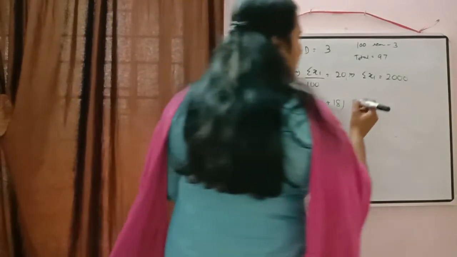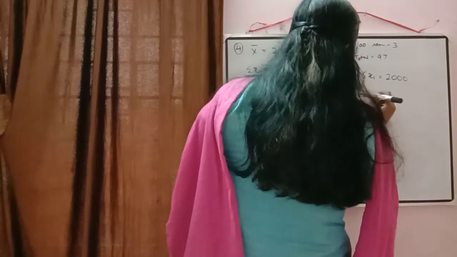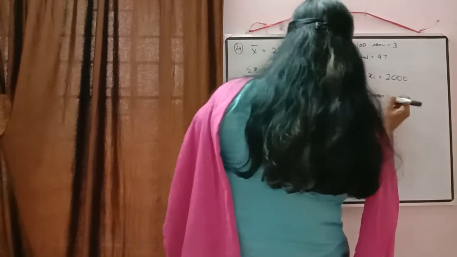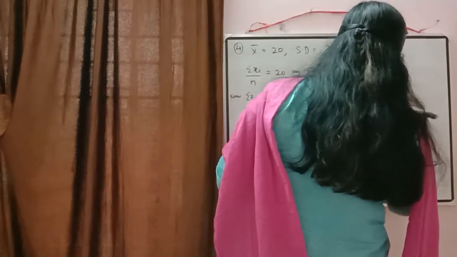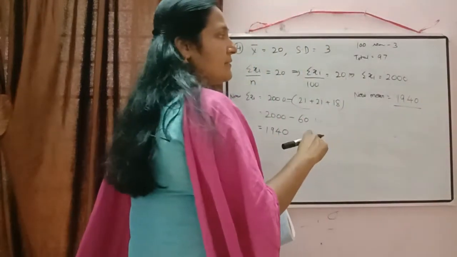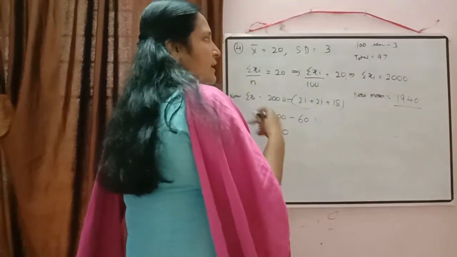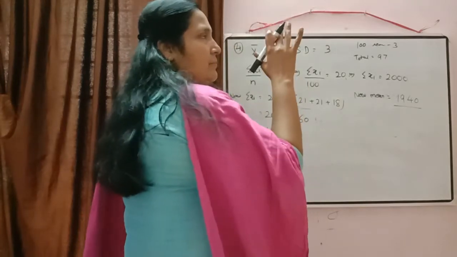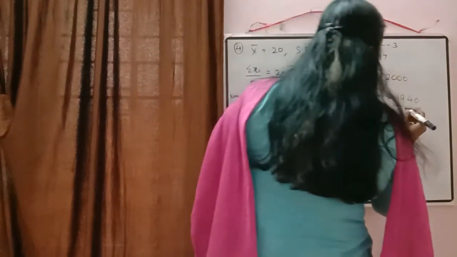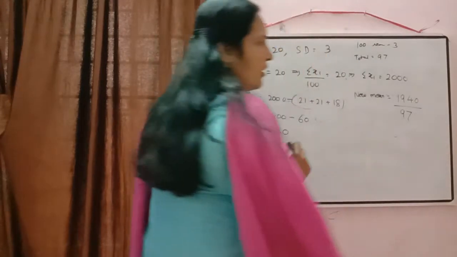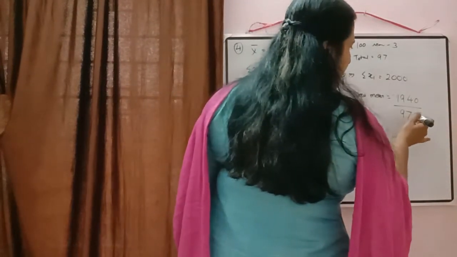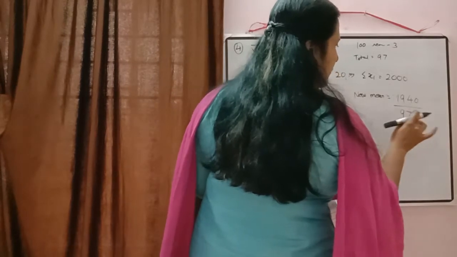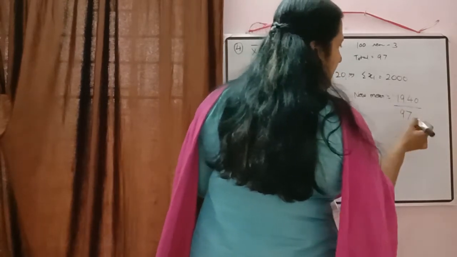Now we can calculate the new mean. New mean is equal to our new total, 1940, divided by the number of observations. We removed 3 observations out of 100, so 97 observations remain. Let us check whether we can cancel it. 2 sevens are 14, carry over 1, 2 nines are 18 plus 1, 19.